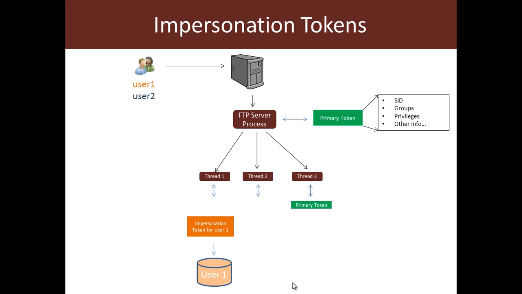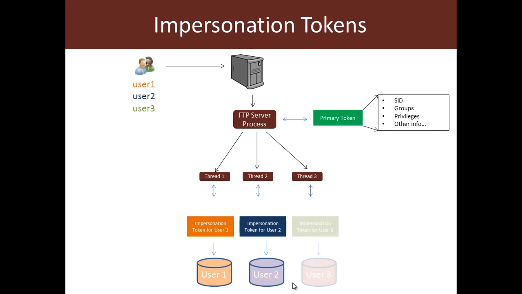Similarly, user 2 and user 3 would log in, and the different threads servicing them would obtain impersonation tokens using which they are able to access resources for all of these users. So very simply put, an impersonation token is a mechanism by which a process or a thread can temporarily assume the identity of some other user on the system, different from the user who created the process.